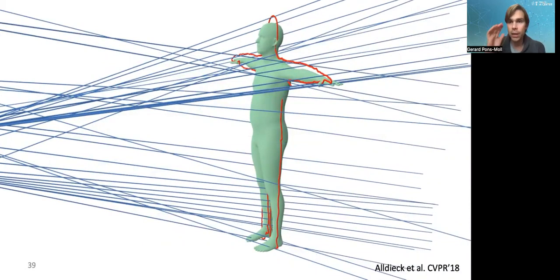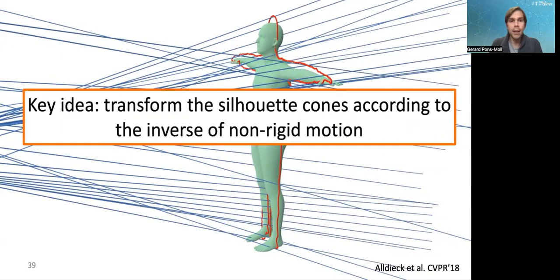Why would we do such a crazy thing? Well, the cool thing now is that these rays are setting up constraints on where the body can lie in space, but they do not depend on the pose, because now we have unposed the rays. So the key idea is to transform the silhouette cones according to the inverse of the non-rigid motion.